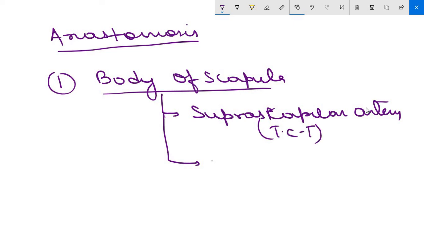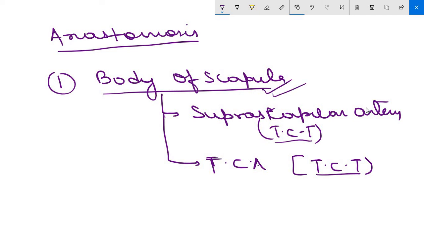The second one is the deep branch of the transverse cervical artery, which is another branch of the thyrocervical trunk. Two branches from the thyrocervical trunk participate in the anastomosis around the body of the scapula: the suprascapular artery and the transverse cervical artery.